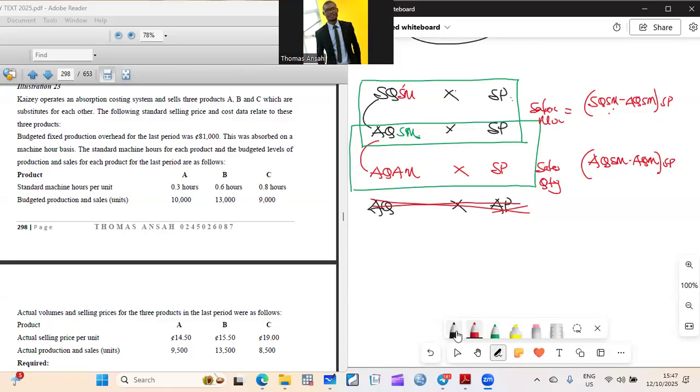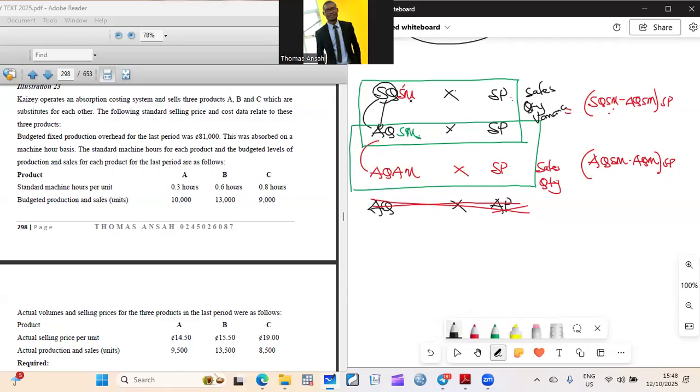So actually, the comparison is between Q and Q. You know, this one and this one is the same. So this one is actually the sales quantity variance, okay?